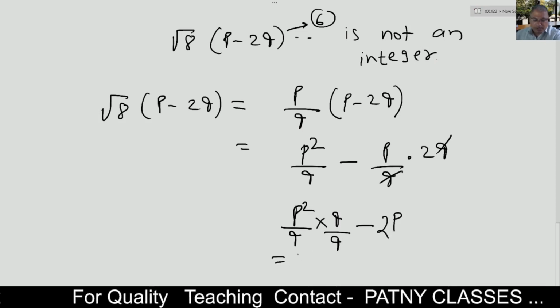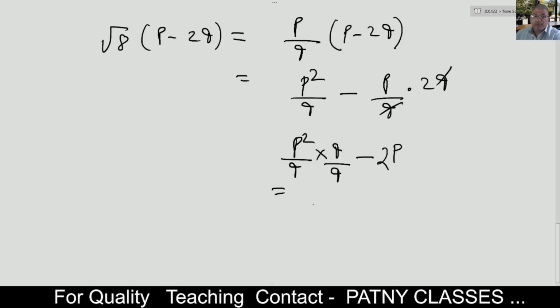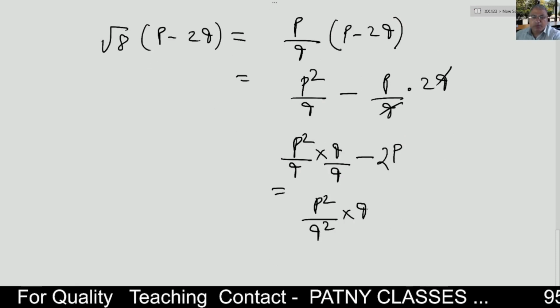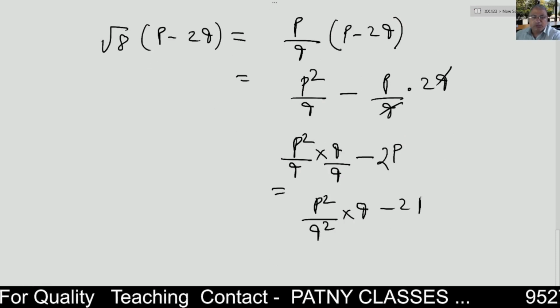This can be written as p squared upon q squared multiplied by q minus 2p.